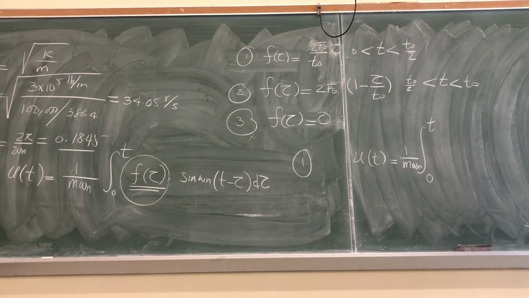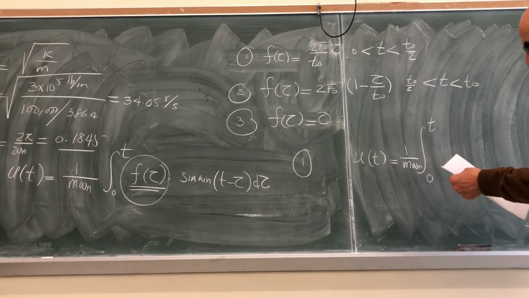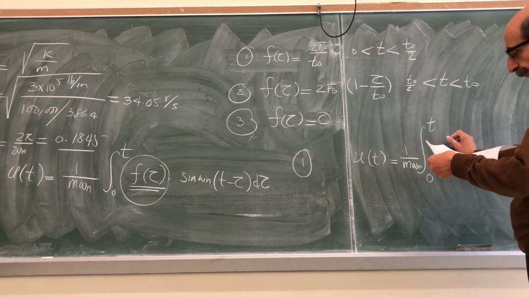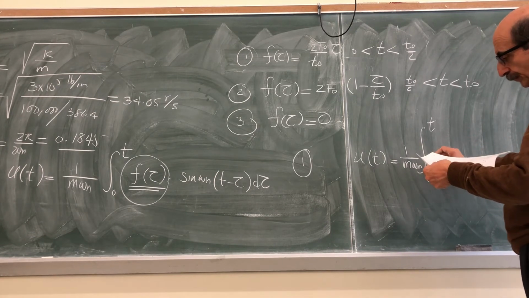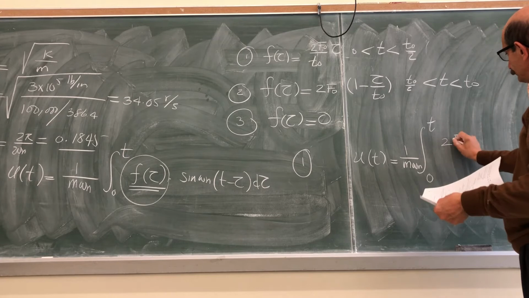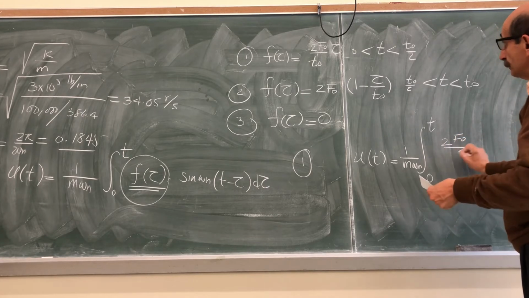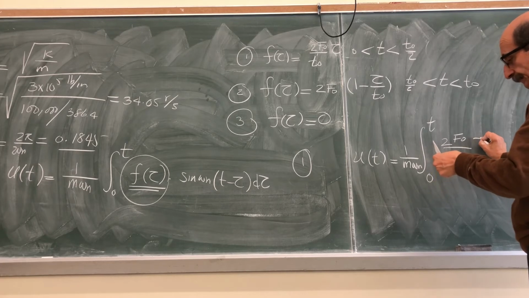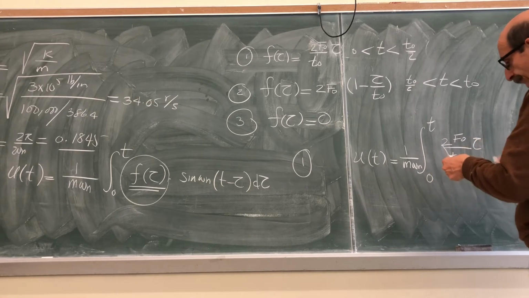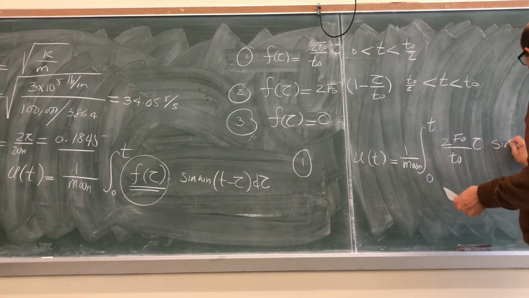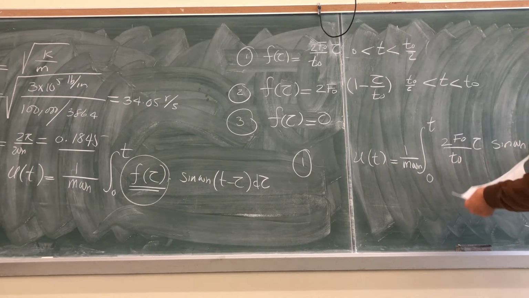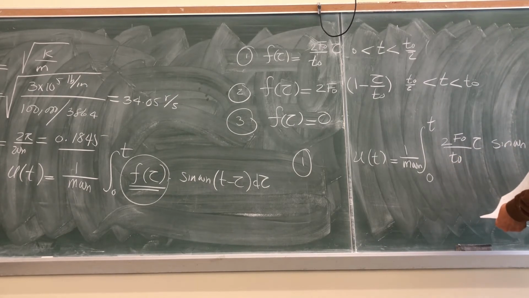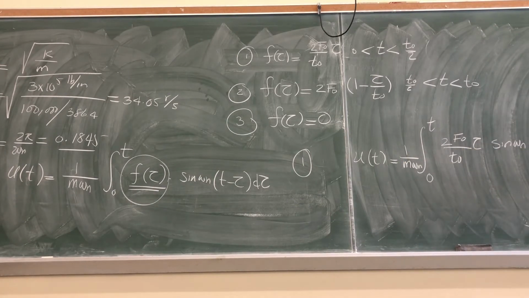So if you do that, for case 1, you have 2f0 over t0 times tau times sine omega n (t minus tau) d tau. Obviously, I don't want to derive this. I just go to that table.